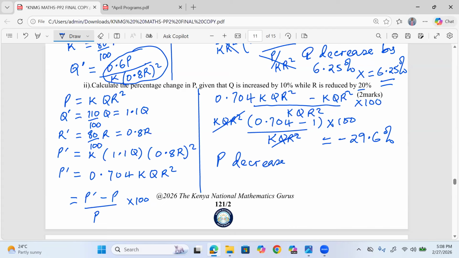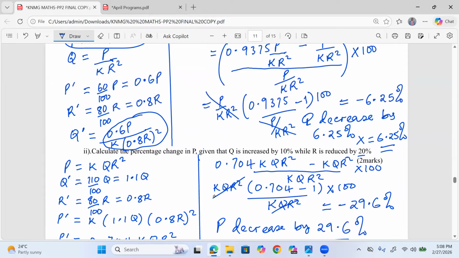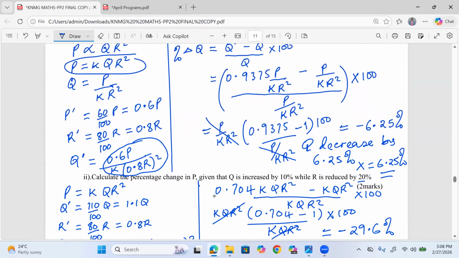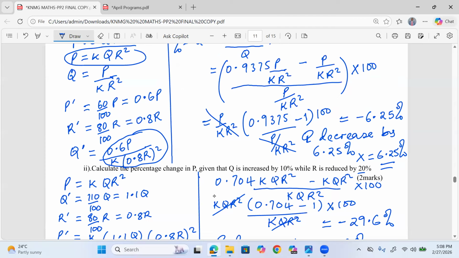A negative percentage change means a decrease by 29.6%. So the percentage change is a decrease of 29.6%. This is a very good question on variations.